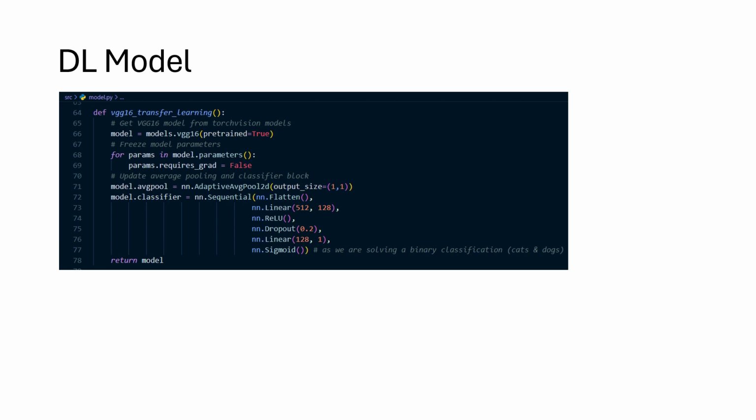This is how we use transfer learning to build a model from an already existing one. We get the VGG16 model from Torch Vision models. We freeze the parameters as we do not want to train all parameters. We will only train a few layers that we will modify to solve the binary classification problem. For that, we update the average pool and the classifier block.